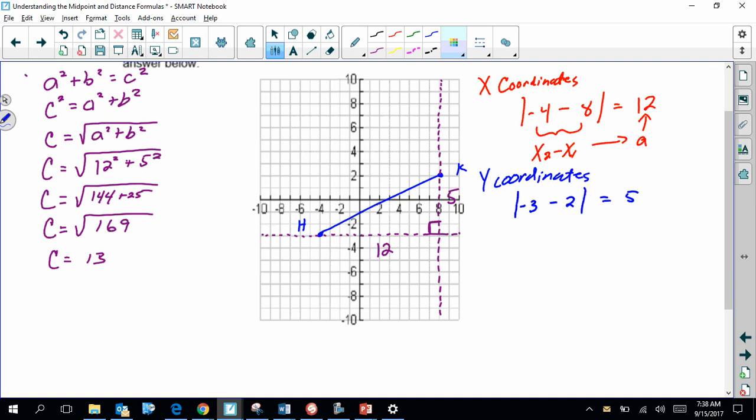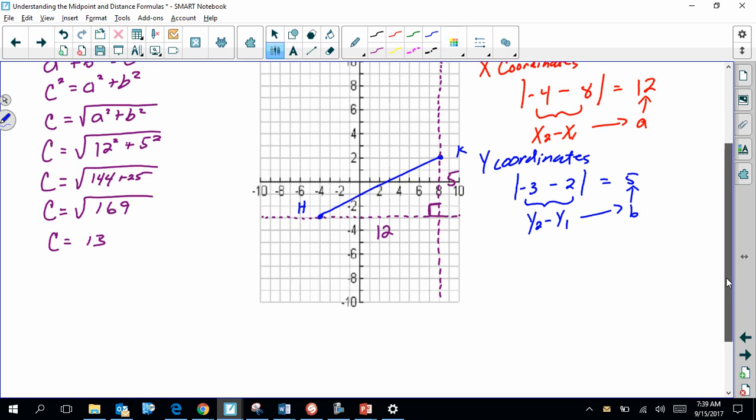So again, if I take the absolute value of the difference between them, I'll get the same thing that I counted when I looked at the graph from the point K to the dotted horizontal line. Well, the 5 is what I used to substitute for b, and if I take the difference of the y's, that is going to give me the same thing that I substituted into the Pythagorean theorem.